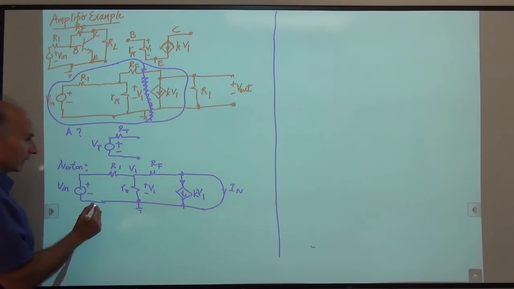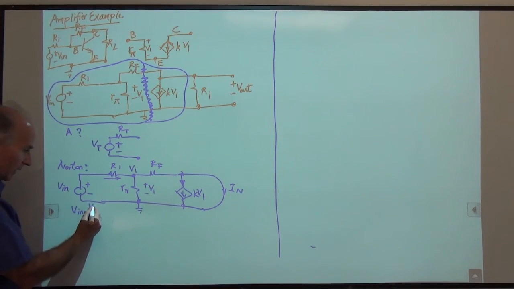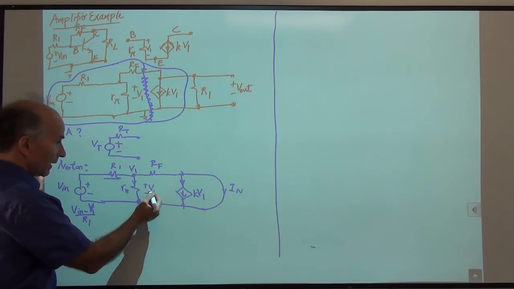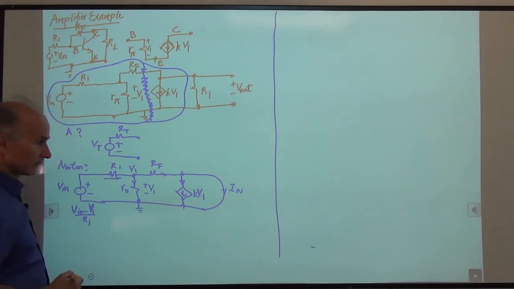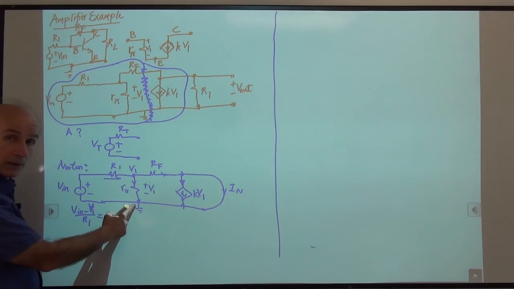All right? Okay, so let's write a KCL at this node here. I have a current going this way equal to V in minus V1 over R1. Then I have a current going this way and a current going this way. So this is equal to this current. How much is this current?